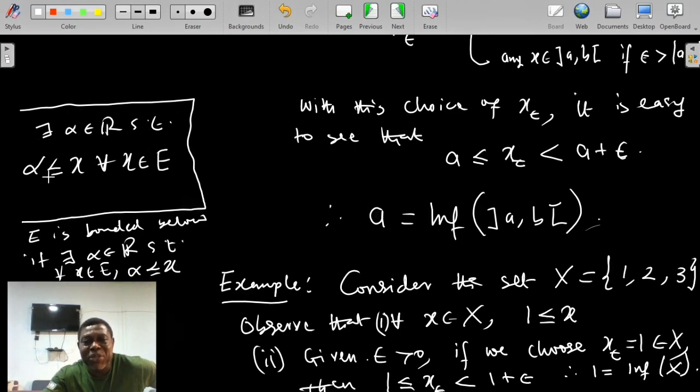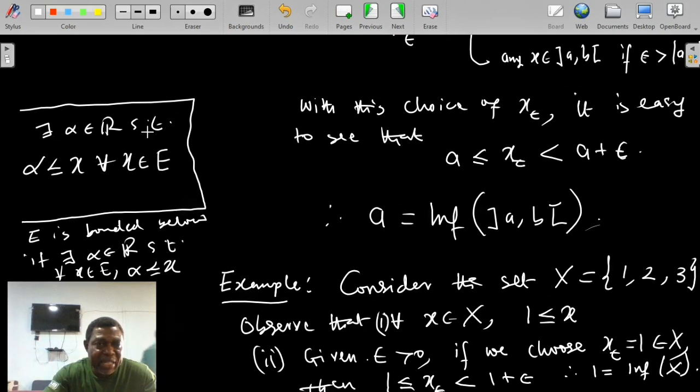Many people have been using this, but I do not think it's correctly placed in the sense that it would create some difficulties, especially when you want to negate this statement. If you want to negate this statement, remember from when we did the universal quantifier and the existential quantifier, we negate by changing all existential quantifiers to universal quantifiers and all universal quantifiers to existential quantifiers.